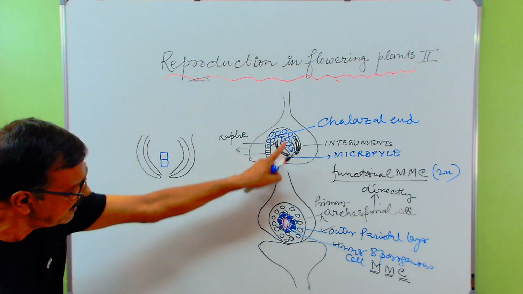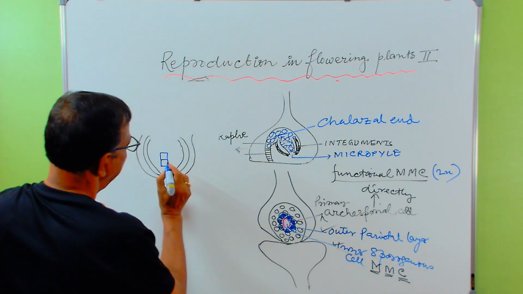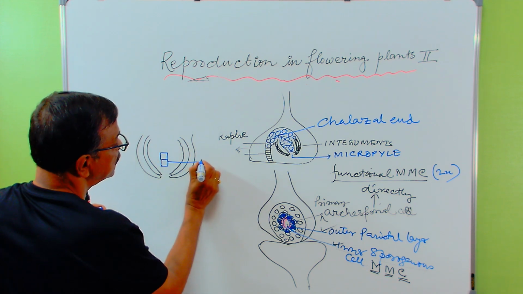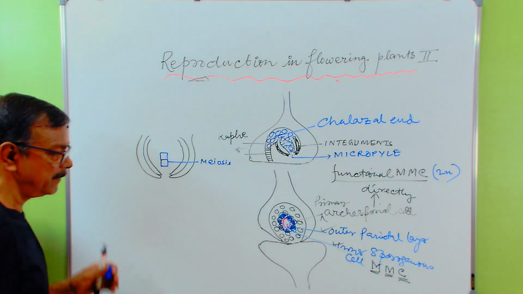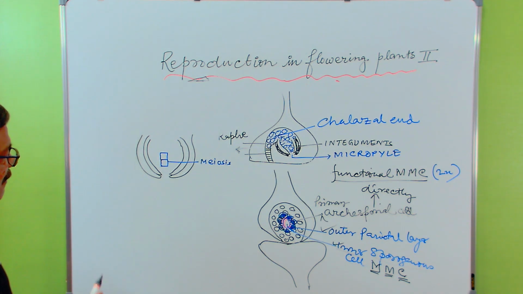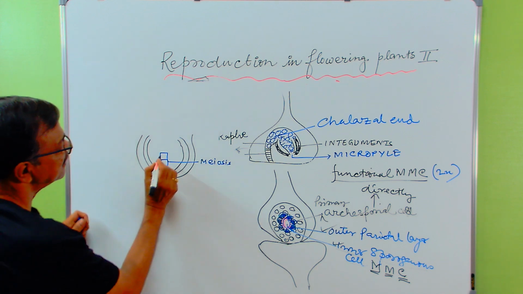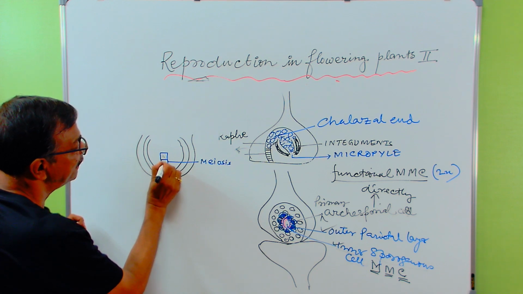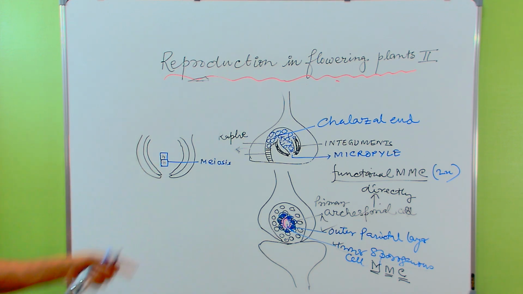This megaspore mother cell will divide into two by meiosis. Clear? So in meiosis, first they will divide into two, that is n and n. This is n and n, followed by, this is known as the dyad.